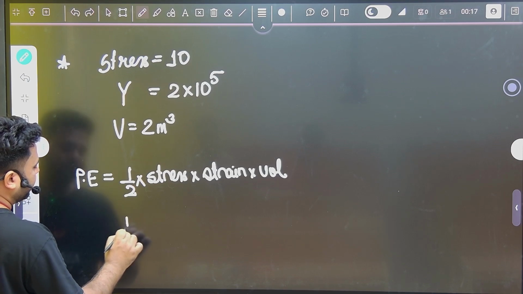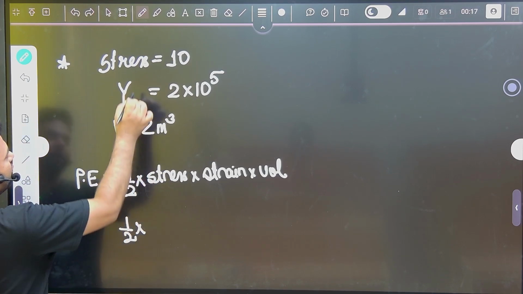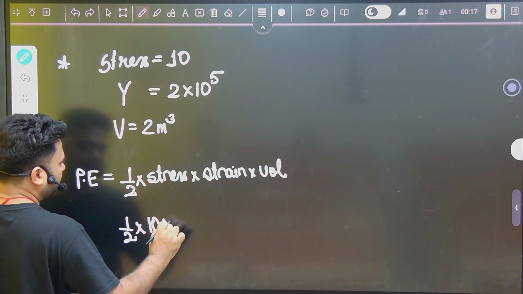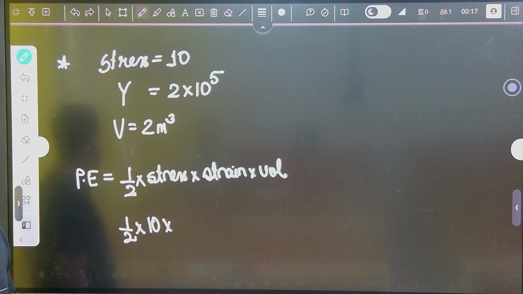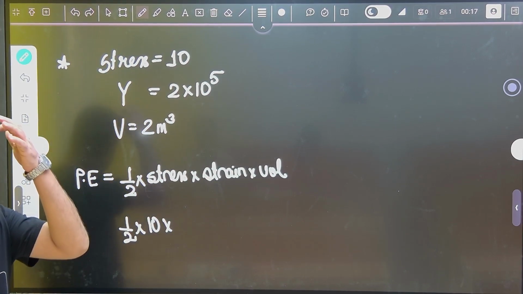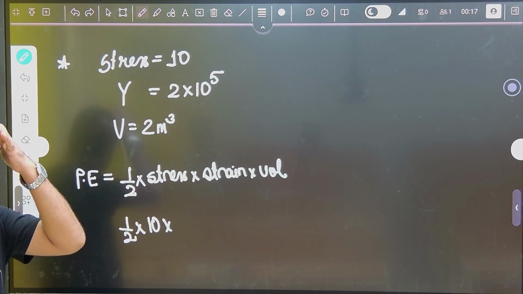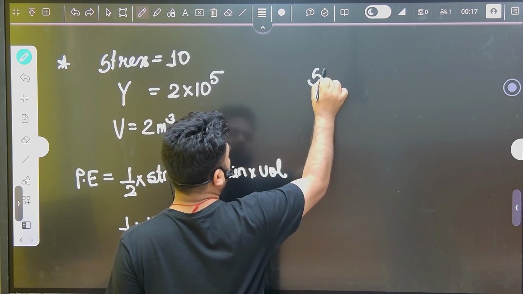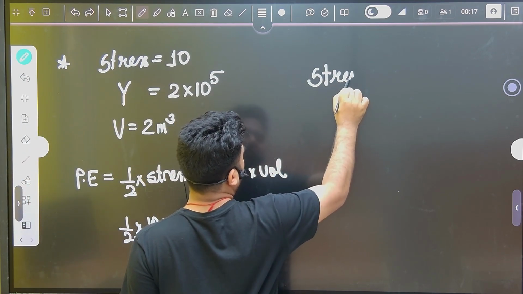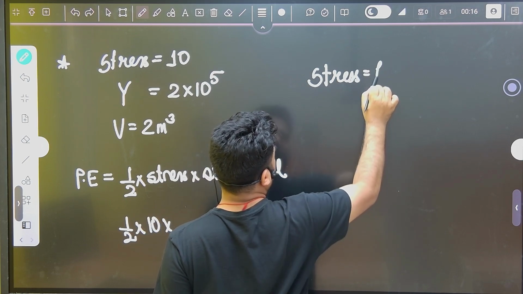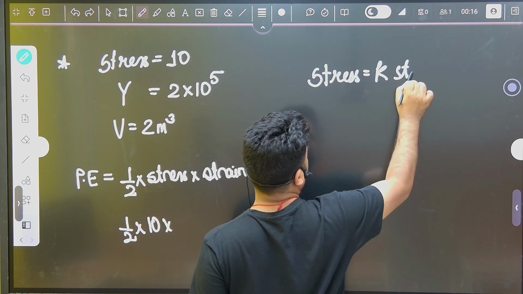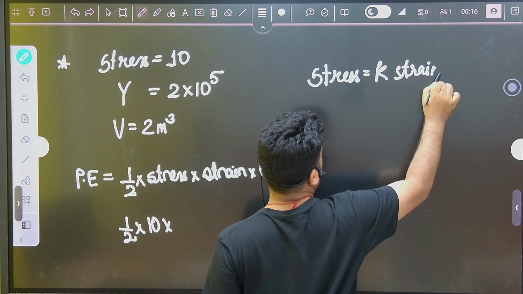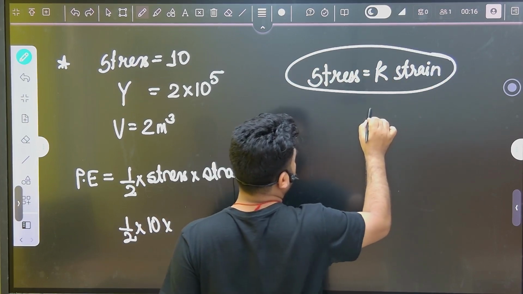Half stress is given, 10. The problem is strain is not given. How will you calculate strain? By the basic formula. What is the basic formula? Hooke's law. You remember, stress equals some constant into strain. This is nothing but Hooke's law.